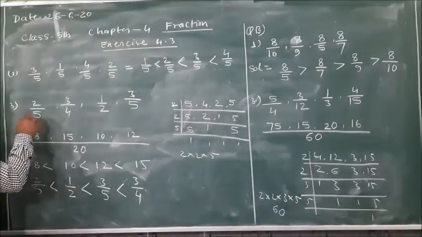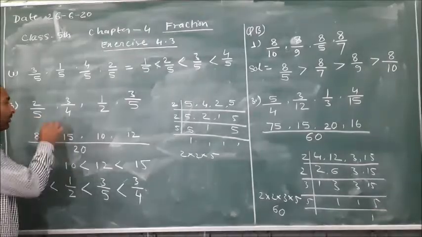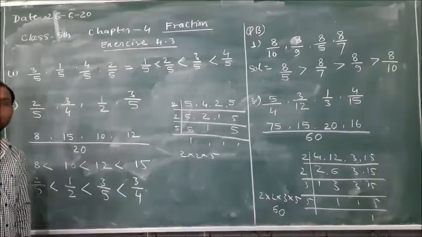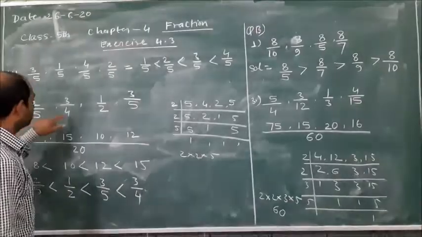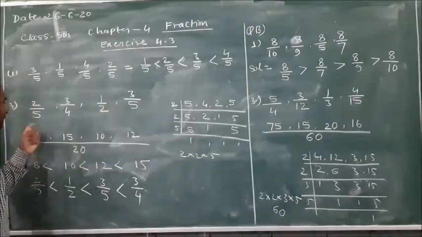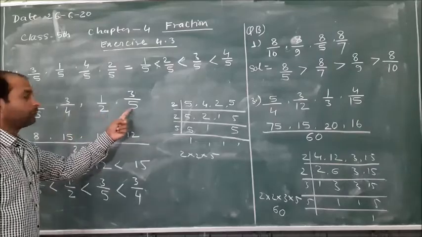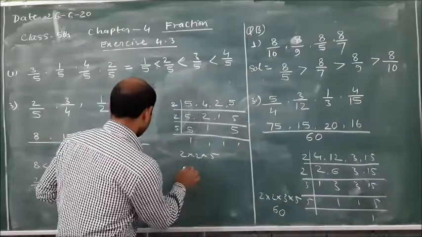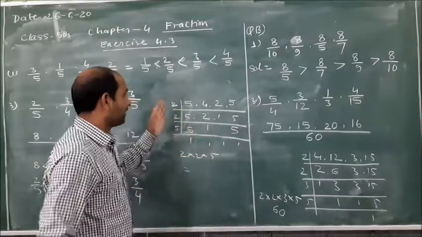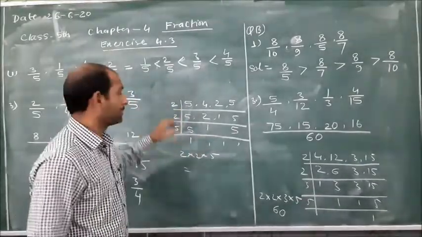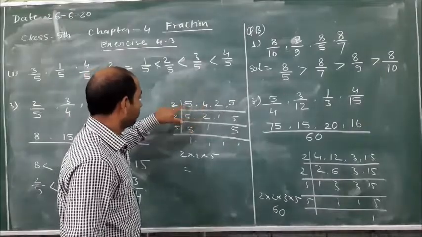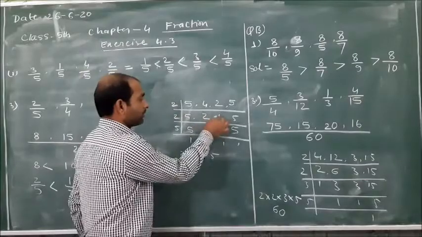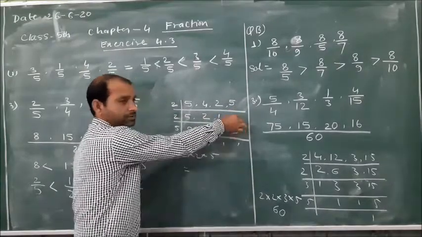First we take the LCM of all these denominators. Your denominators are 5, 4, 2, 5. We take the LCM. First we divide by 2. 2 twos are 4. 5 is not divisible, so 5 comes down. 2 twos are 4, 2 ones are 2, 5 is not divisible, so 5 comes down.